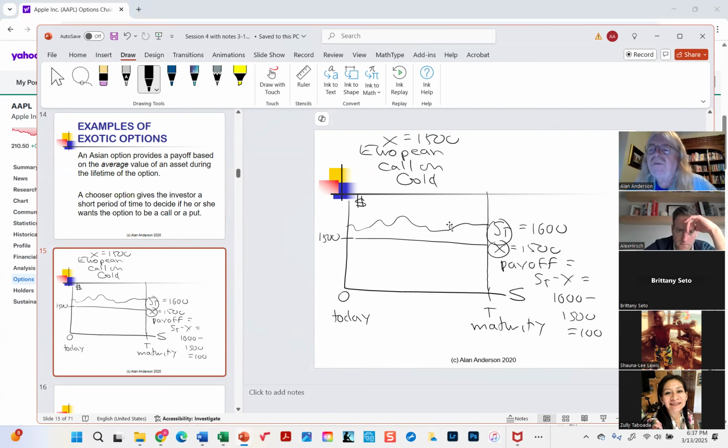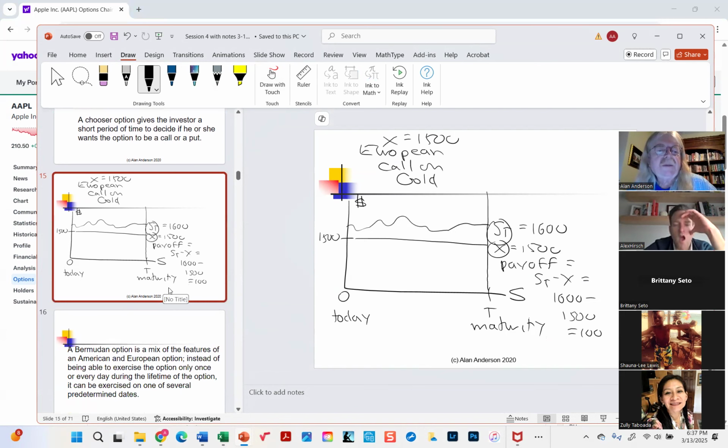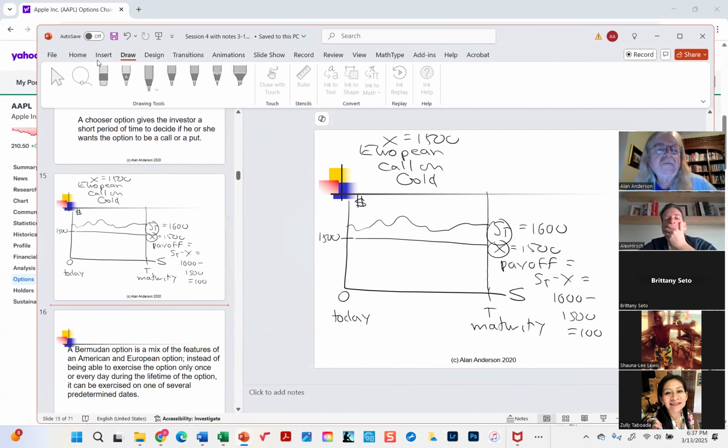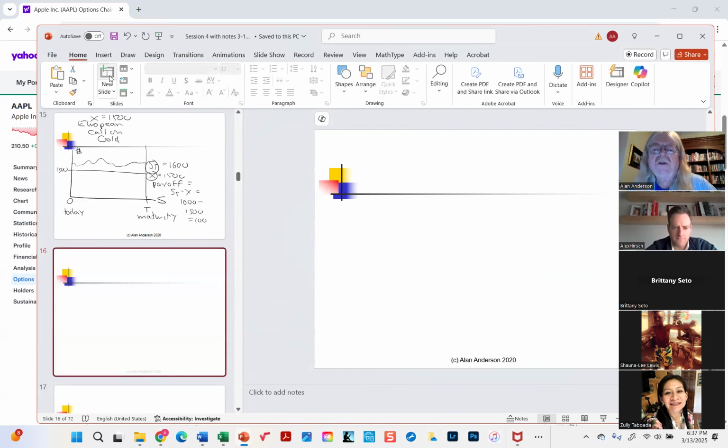With an exotic option, though, what will happen is the path that the gold price follows can have an impact on the value of the option too. So, for example, we have something called an Asian option.